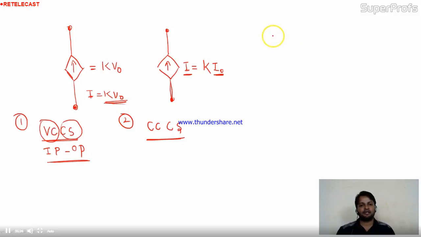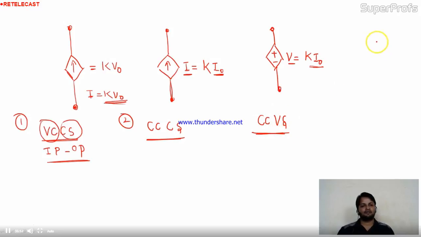Now come to the third type of dependent source. Like this, it's given a voltage source V, and the value of this voltage is nothing but kI0. Which type of source is this? Yes, voltage source. And the voltage is controlled by current, so this is CCVS, current control voltage source.